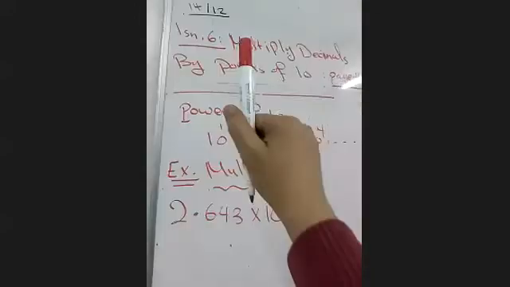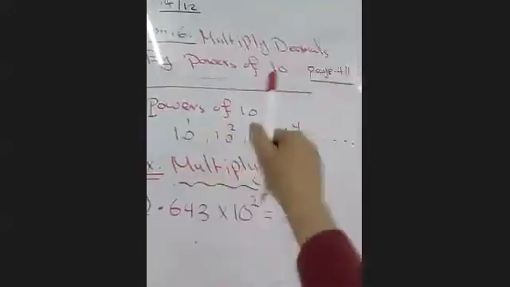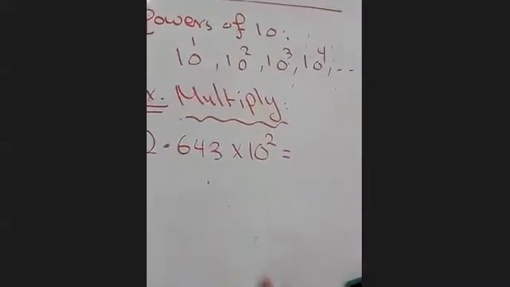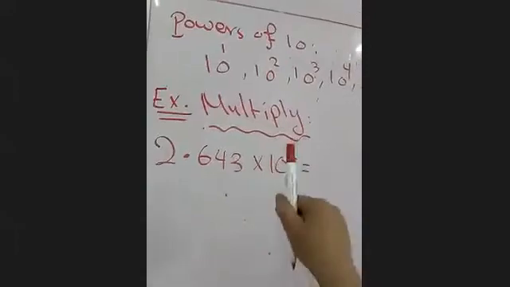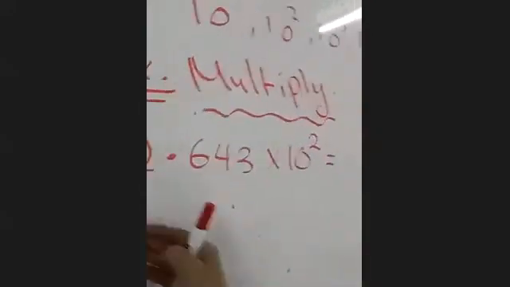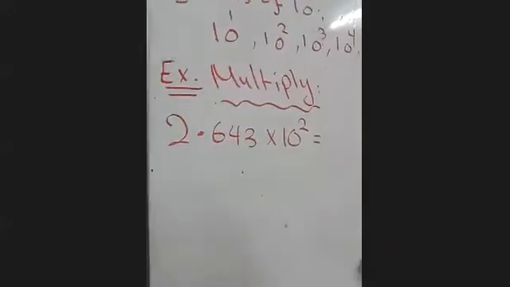Read the title: multiply decimal by powers of 10. Here I have a decimal, and here I have a power of 10, 10 to the power 2. Now we won't align the numbers. We will multiply directly. How?